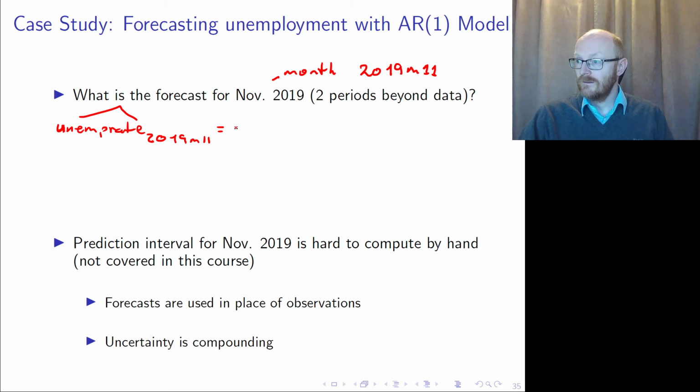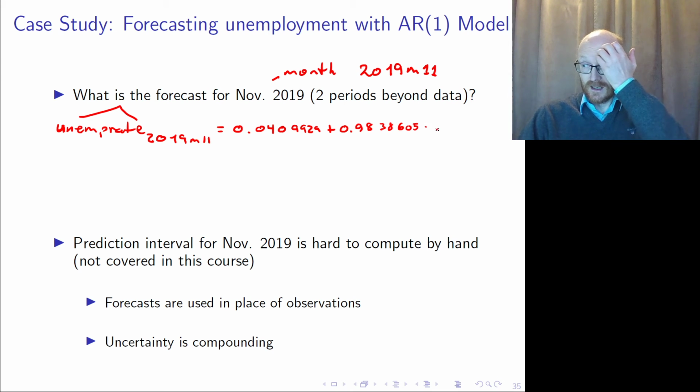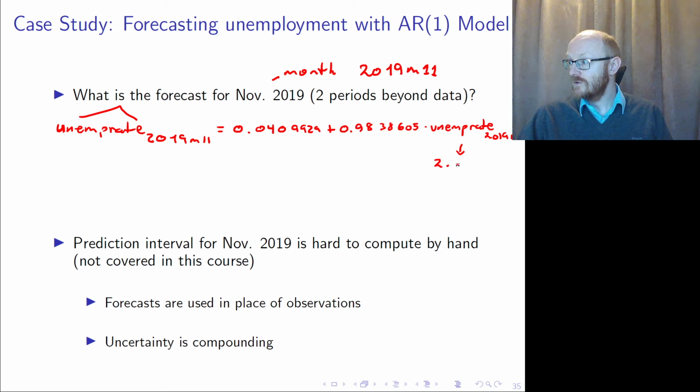We use the same model, the same coefficients: 0.9929 plus 0.98380605 times the unemployment rate for 2019 month 10, which we just calculated, 2.2687. That was our estimate.